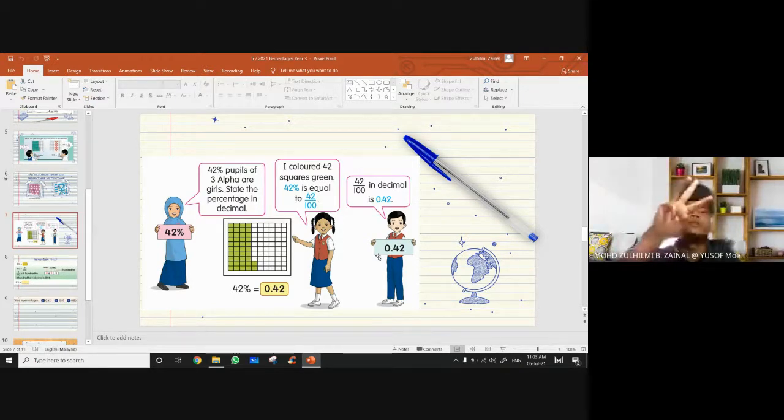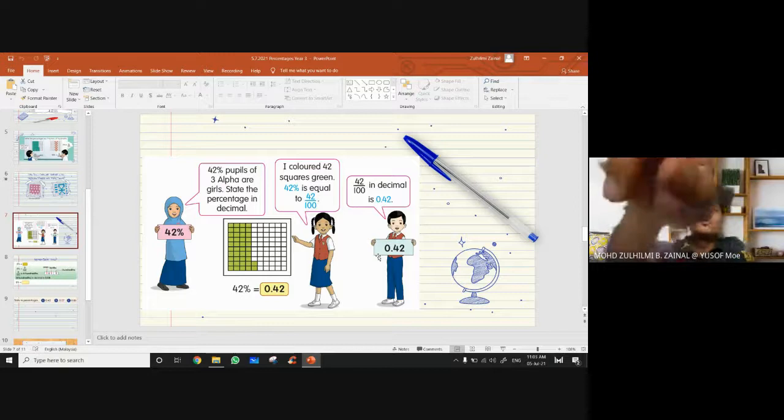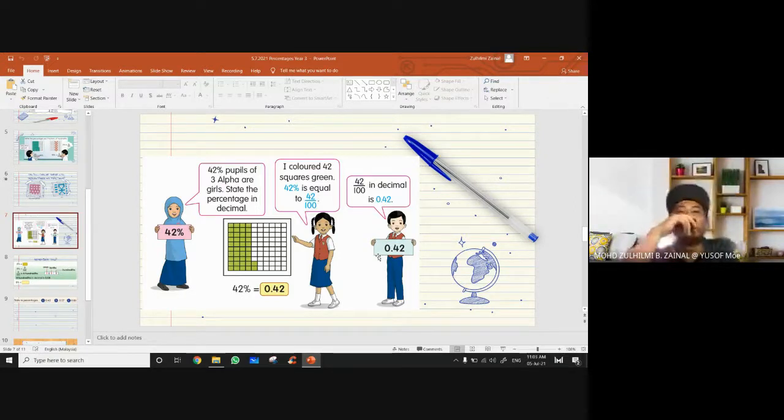The first step, you have to make sure you know what is the percentage for this question. For example, this one, 42. If the question did not give you the percentage, you have to count by your own the percentage in the question.